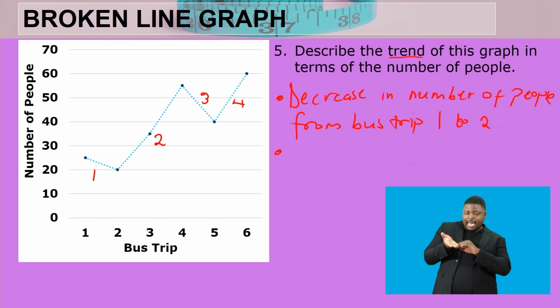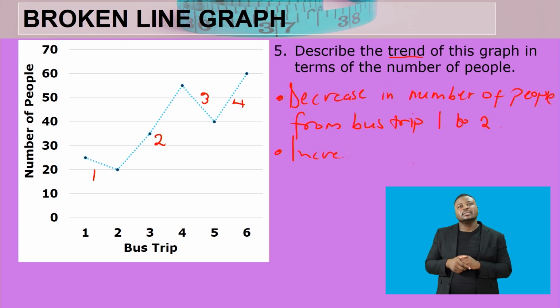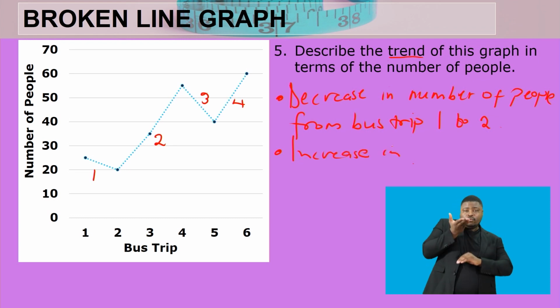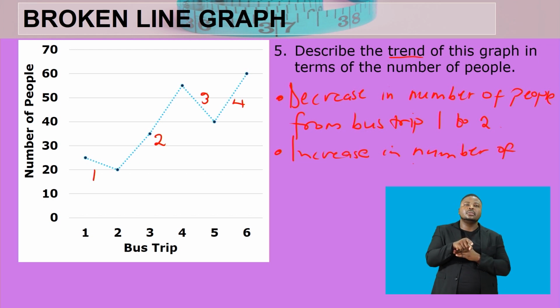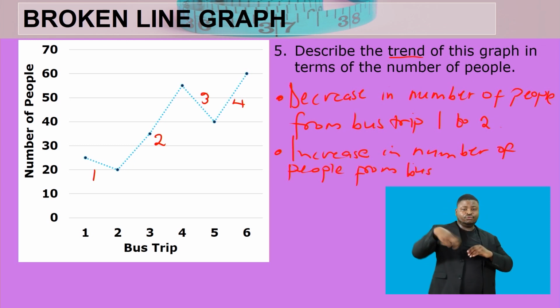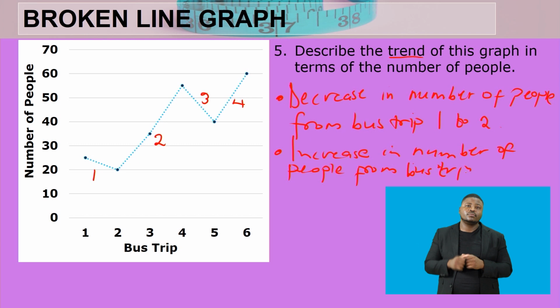Then the next bullet is increase in number of people from bus trip 2 to trip 4.